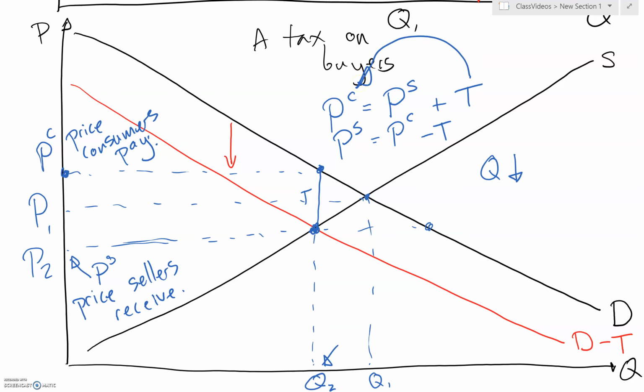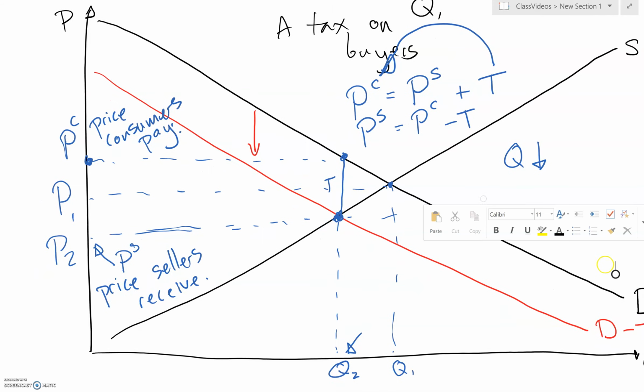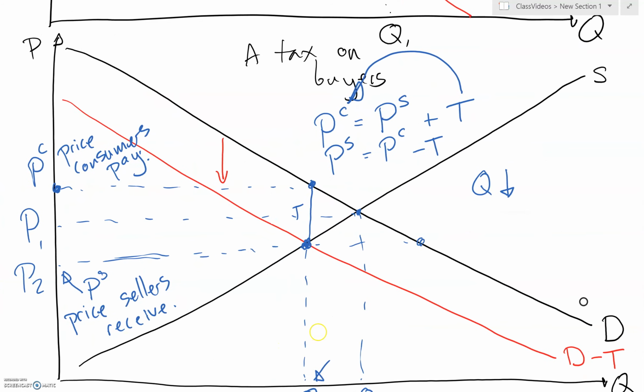Just to finish up here, to work out what situations these people are in now after the tax, well, the price sellers receive after the tax is less than the original equilibrium price. So sellers receiving lower prices, that's not good for them.